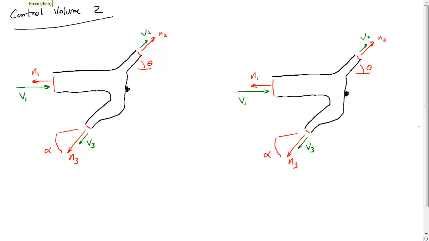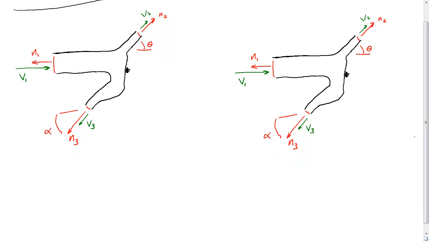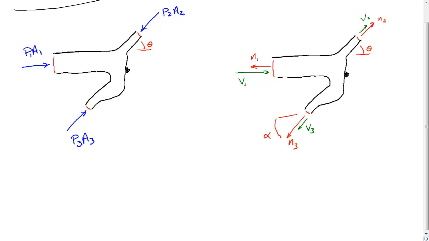On the left hand side I am going to eliminate all of the velocities and inlets here, and I'm going to put my pressures on here. This will be P1A1, this will be P2A2, and this will be P3A3.